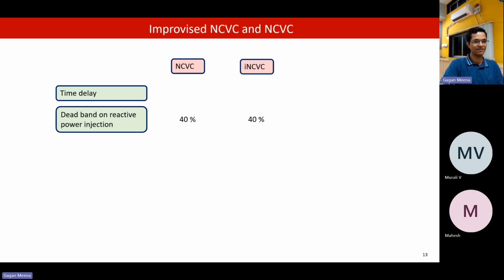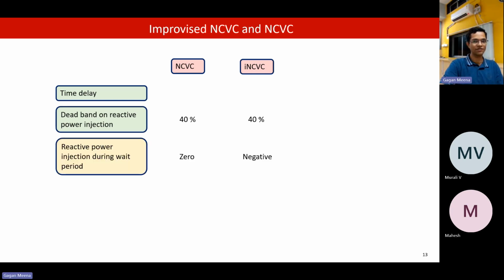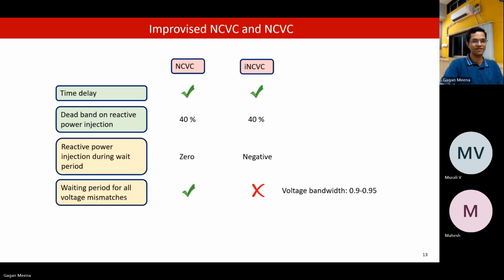These were the two different schemes. These two are common: the time delay is there, and the 40% deadband is there, with 40% reactive power injection in dynamic state. And in this improvised scheme, two other things are also there.